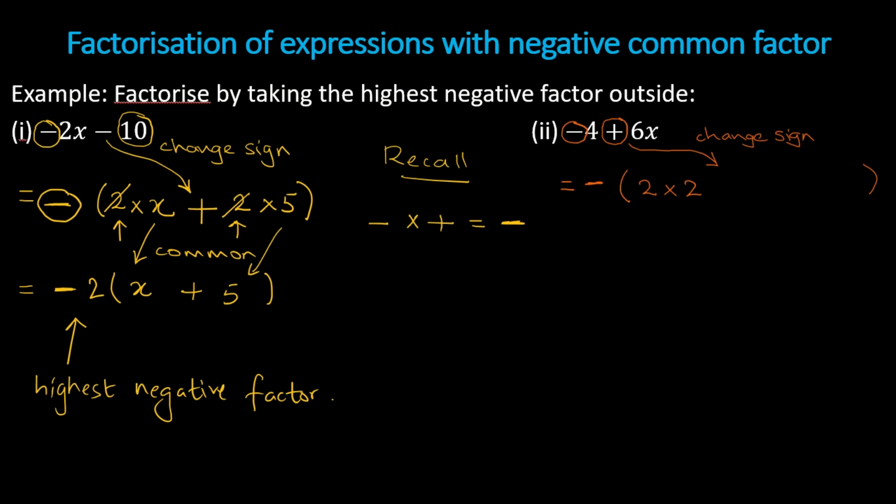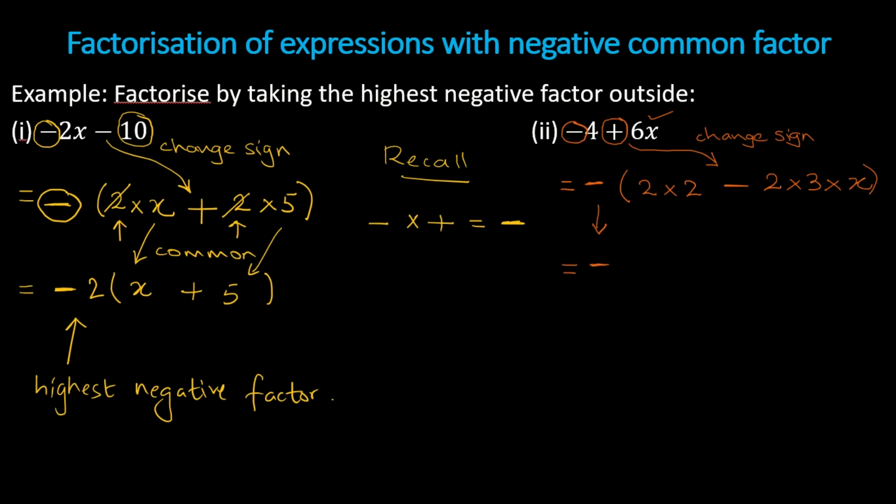So the positive sign changes to negative. And what is the last term? It is 6x. 6x, you already know it is 2 times 3 times x. So we continue. The negative remains outside the bracket.